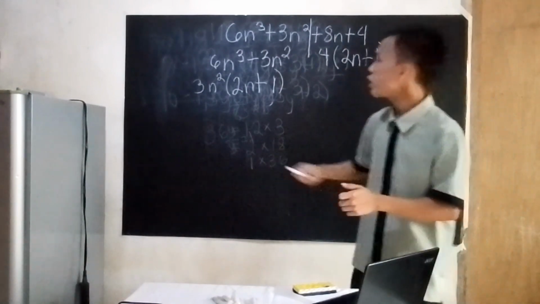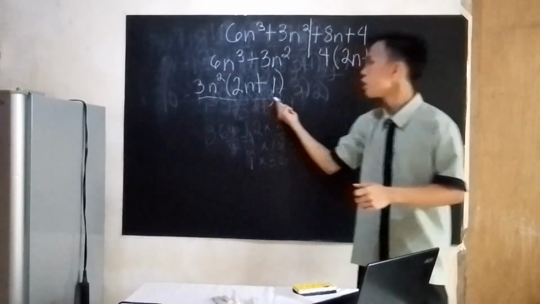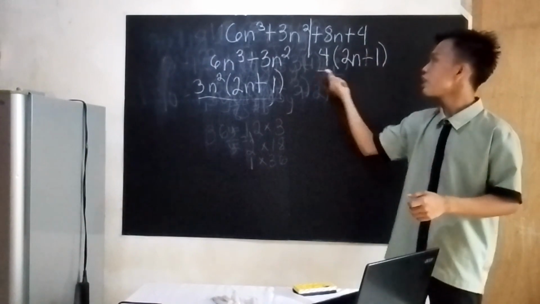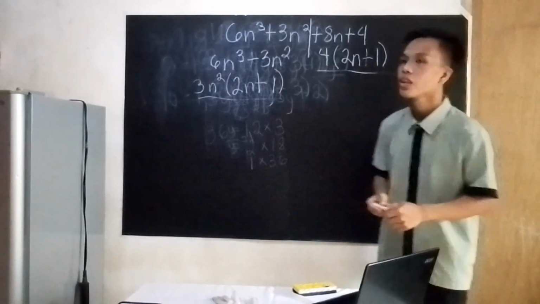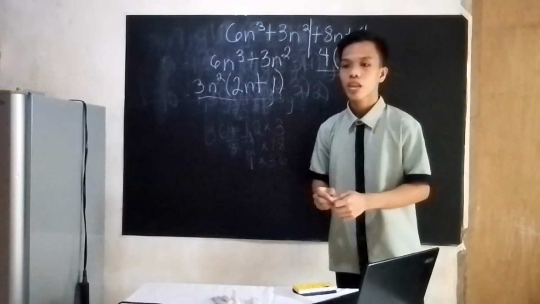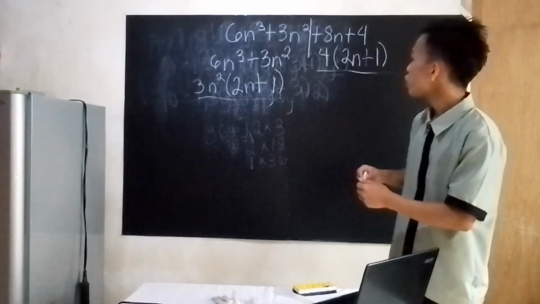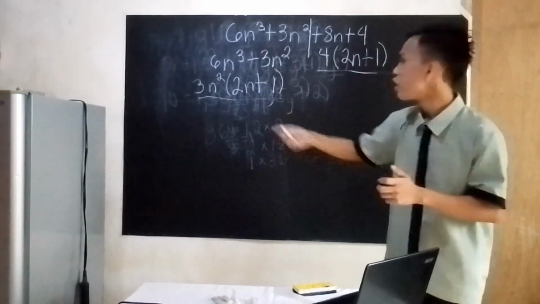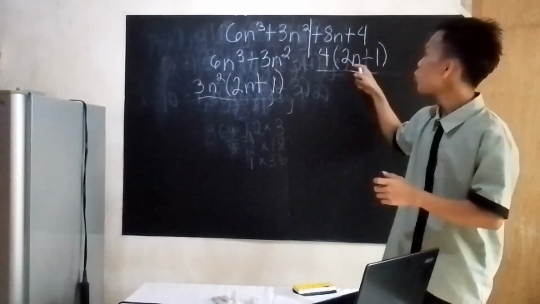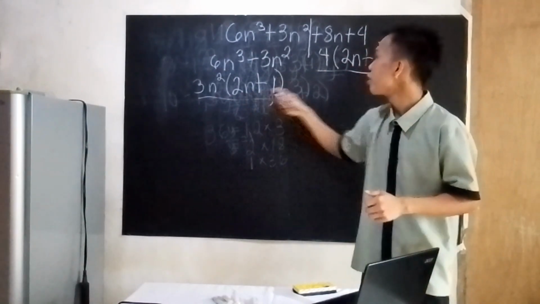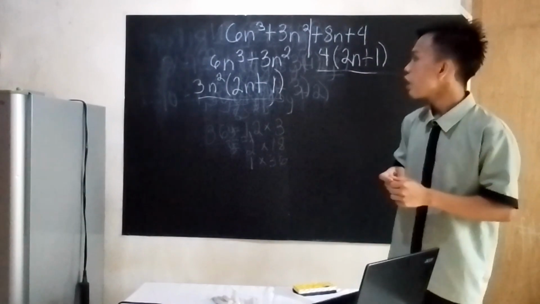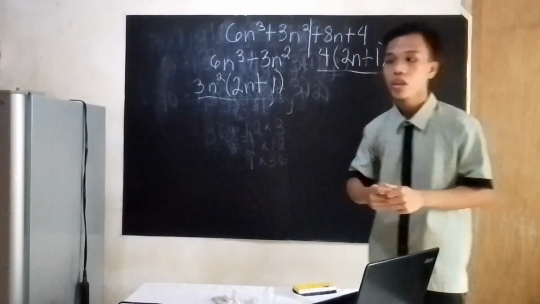So what can you observe about the results on the left side and the right side? Yes, Damian? That's right, as you can see in here, they have the same multiplier, 2n plus 1.